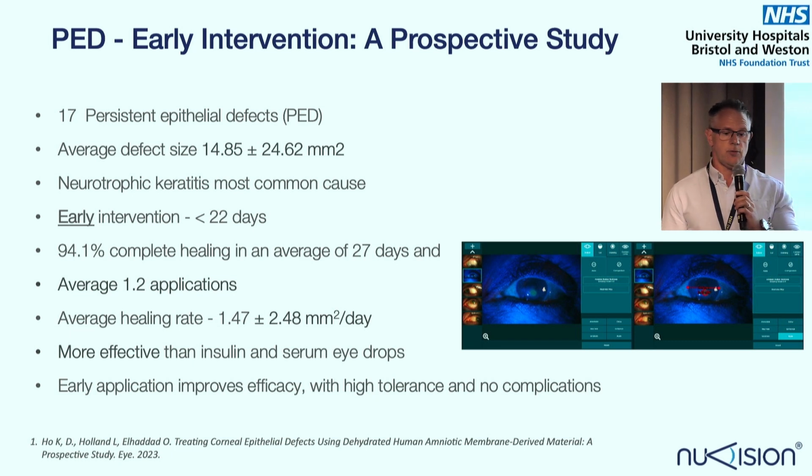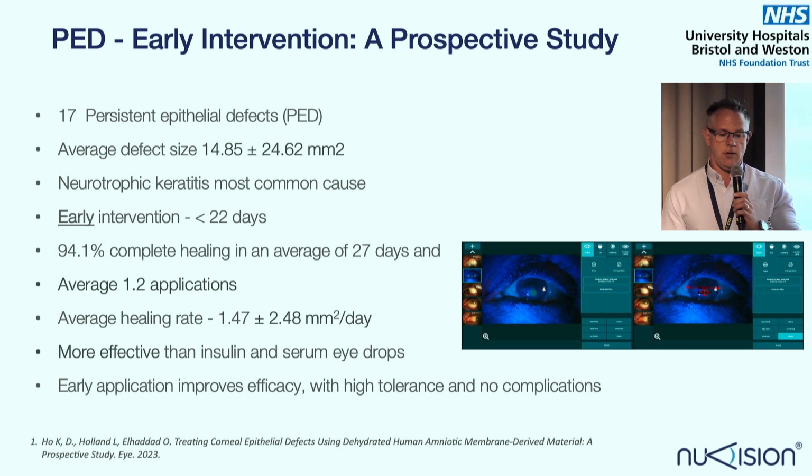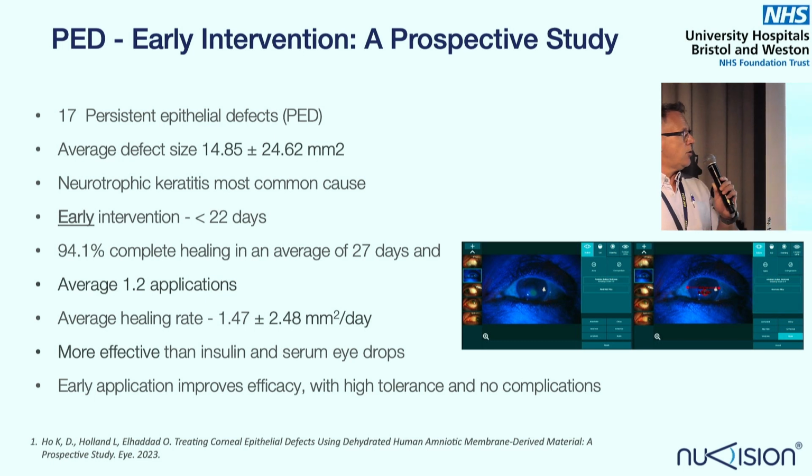Neurotrophic cornea was one of the most common causes of the PEDs, and they intervened early. So essentially, as soon as the patient was defined as a PED and it had been predicted to be refractory, they went in with sutureless amniotic membrane, and they got a 94% complete success rate.